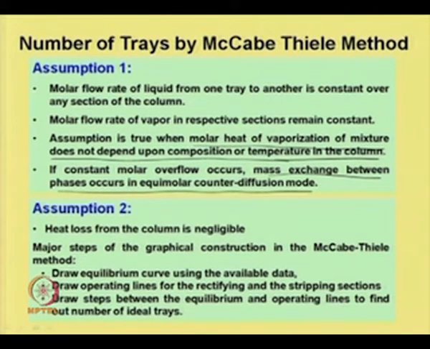Based on these two assumptions, we follow the graphical method to obtain the number of stages required for a given separation. The procedure is: draw the equilibrium curve using the available data, draw operating lines for the rectifying and stripping sections, and draw steps between the equilibrium and operating lines to find the number of ideal trays.